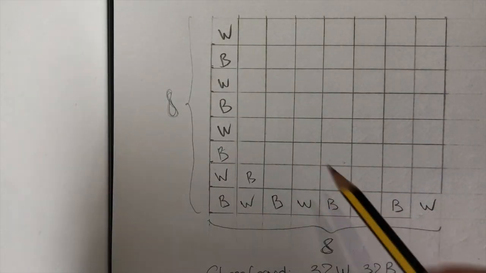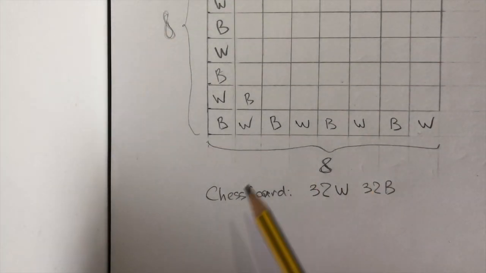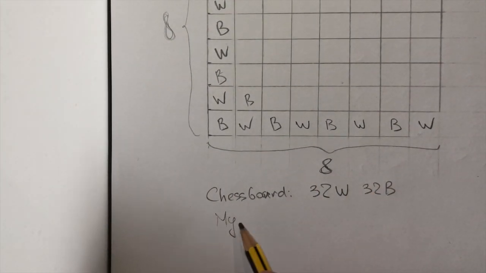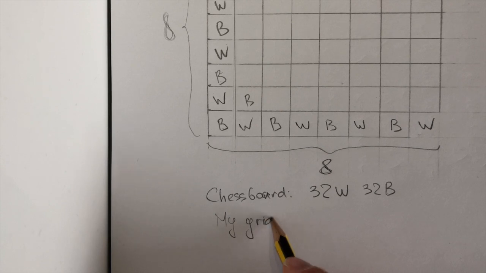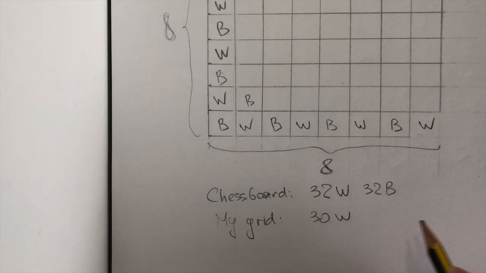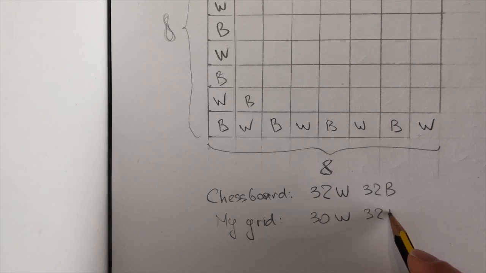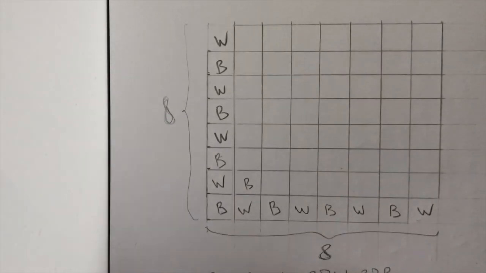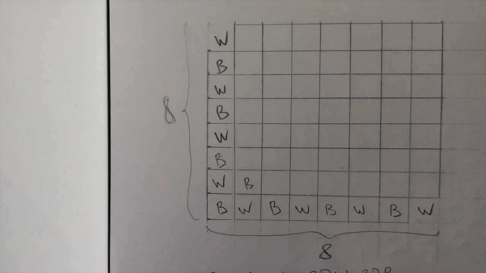But now we go back to my grid where these two corners are removed. So in my grid, I have 30 white cells and 32 black cells. I did not lose any of the black cells.